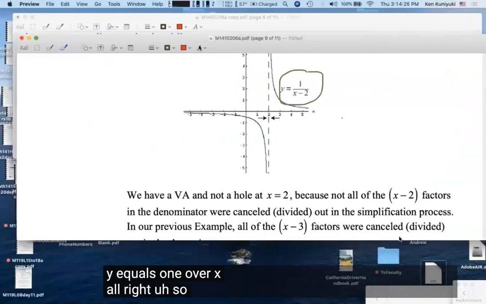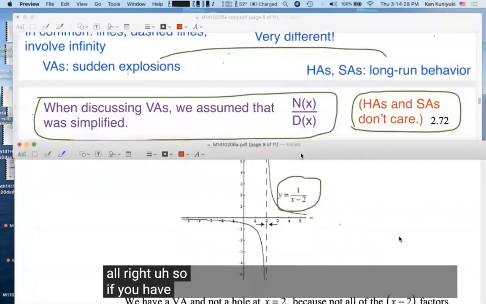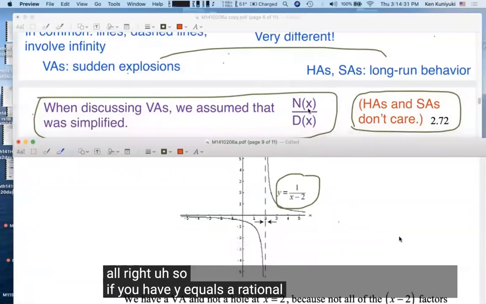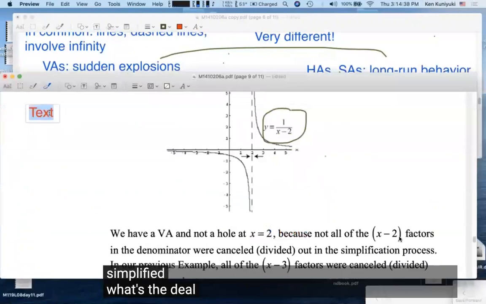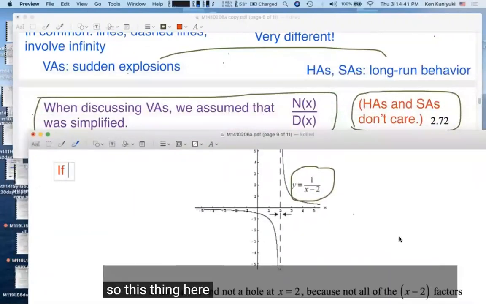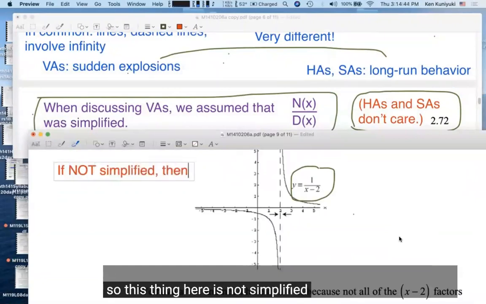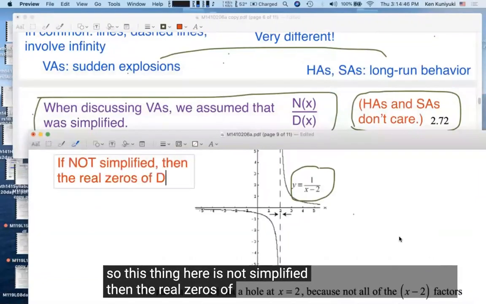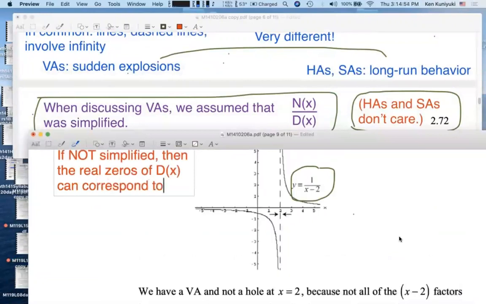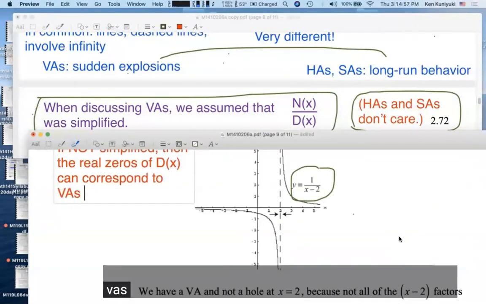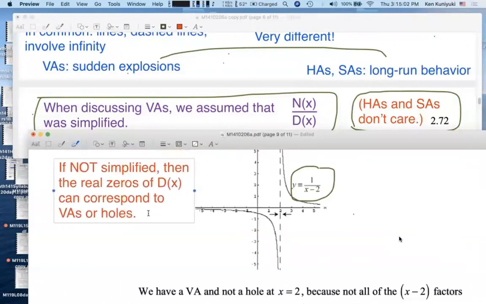All right, so if you have y equals a rational expression like this, polynomial over polynomial, and it's not simplified, what's the deal? If this thing here is not simplified, then the real zeros of the denominator can correspond to VAs or holes.